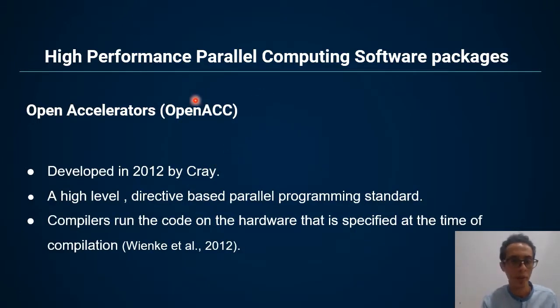So moving on to the next programming standard or software package, that is OpenACC, or we can simply say Open Accelerators. It's a programming standard that was developed by Cray in 2012 for parallel computing. OpenACC is also based on heterogeneous architecture.